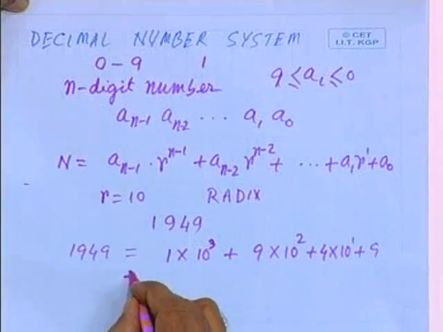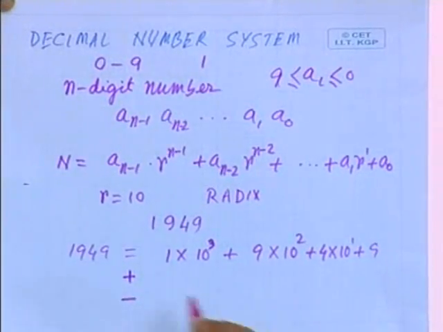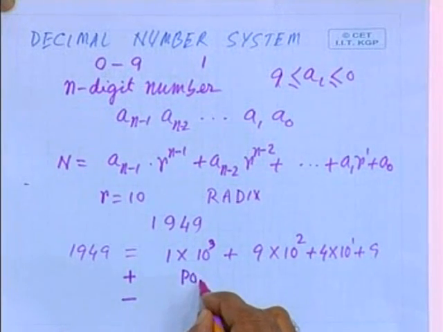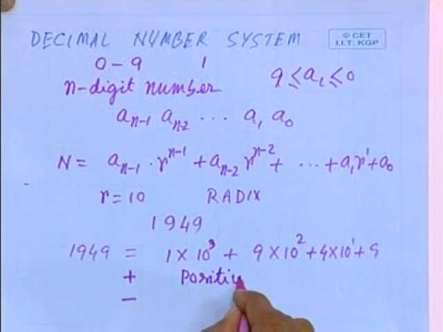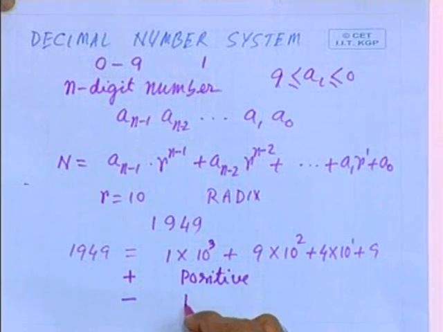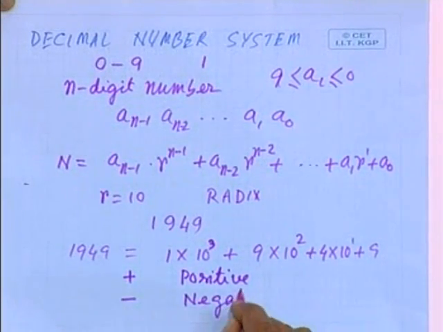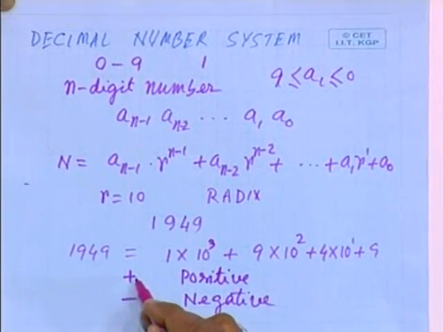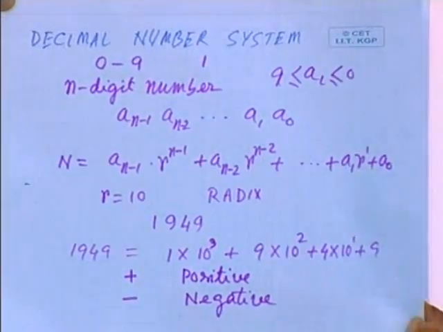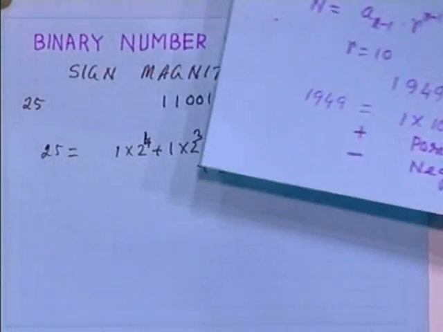In case of decimal number system, we discussed earlier, we use two symbols: positive to represent positive numbers, and negative to represent negative numbers. So we cannot store positive or negative symbols inside the processor, inside the memory of the computer.